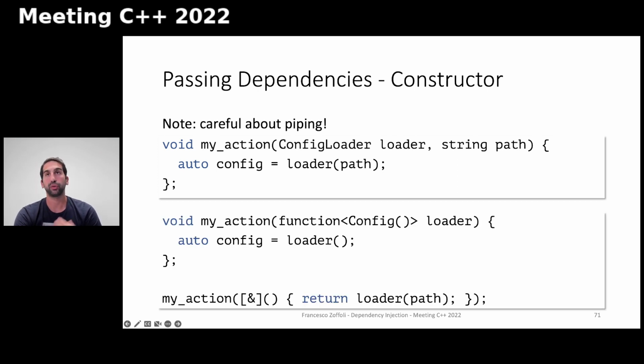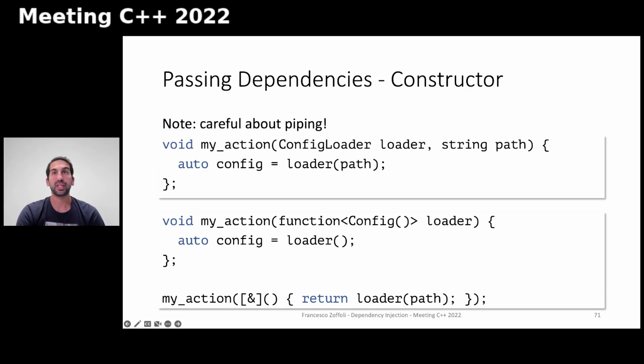The alternative to avoid piping is to have our action, myAction, take a function which just gets a config without any parameter, and when it wants the configuration, it just calls the loader. And the higher level function provides a function which calls the loader with the provided path.